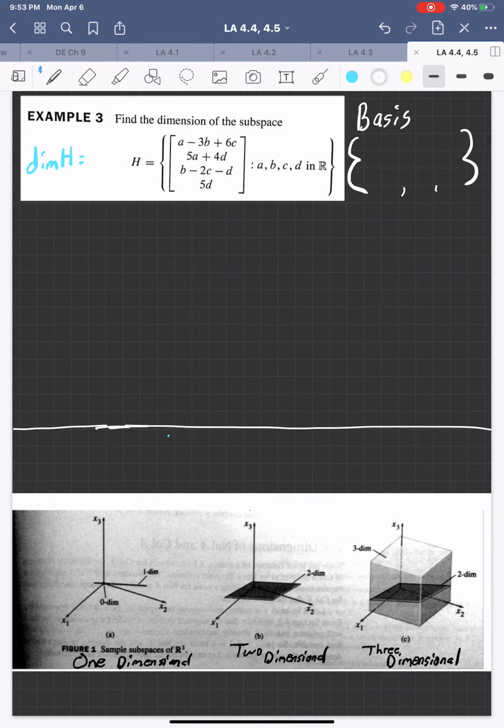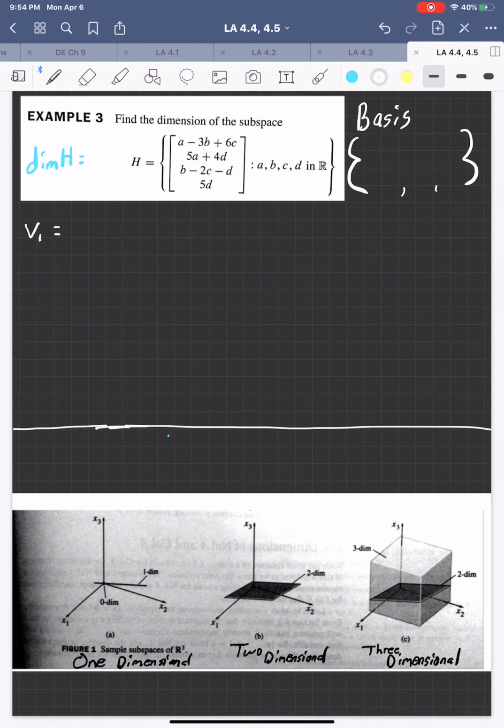Well, let's think about looking inside of H here, how many different variables we're dealing with. Well, we have A, B, C, D. Each of these is going to represent its own vector.